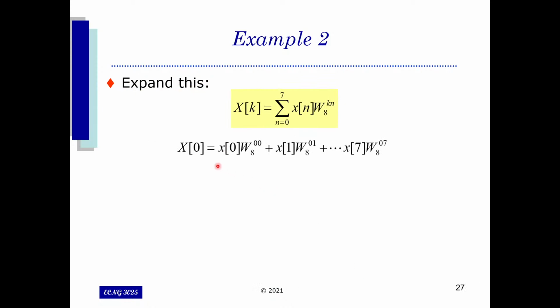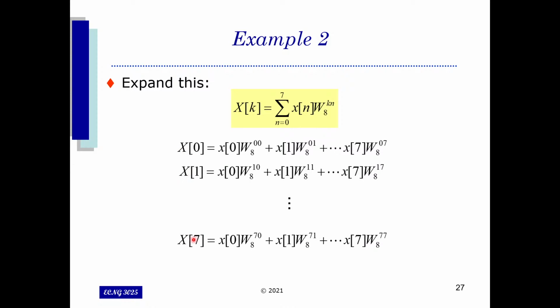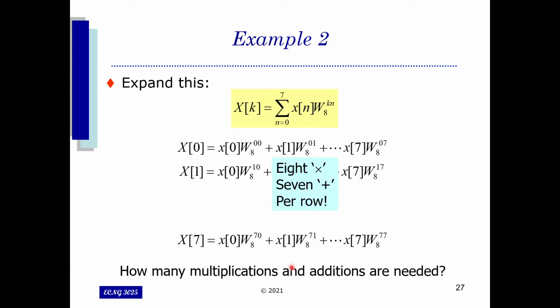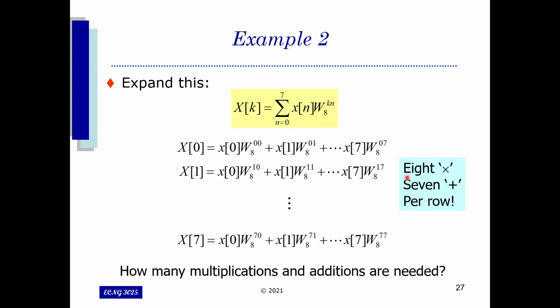So when we expand this out and we go from x0, x1, all the way down to x7, we can see in each case that's a lot of multiplications and additions that we need to do. So we have 8 multiplications to do per row, and then 7 additions per row, which is a lot of calculations to do for the DFT once we start going up in bigger numbers.